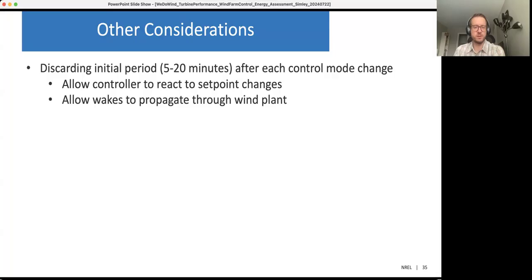So this will account for the fact that it takes some time for the turbines to achieve their new yaw offset set points. So we don't want to be analyzing data where the turbines are transitioning between the control modes. And then also it takes time for the wakes to propagate through the wind plant. So if we change from wake steering to baseline control, it'll take time for the wakes to settle into their baseline conditions throughout the whole wind farm.